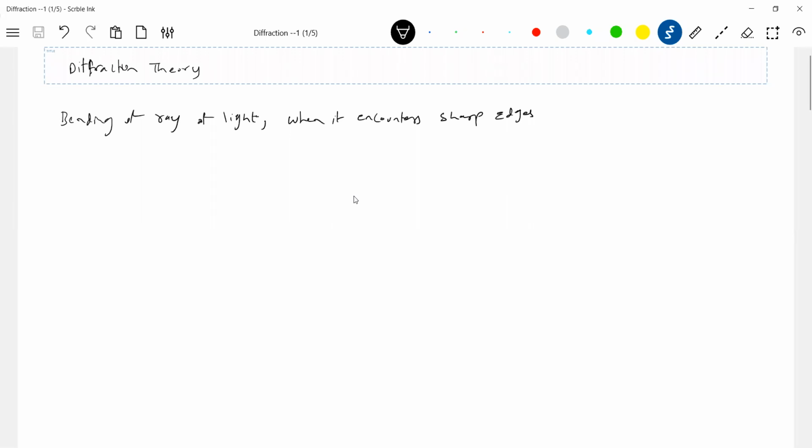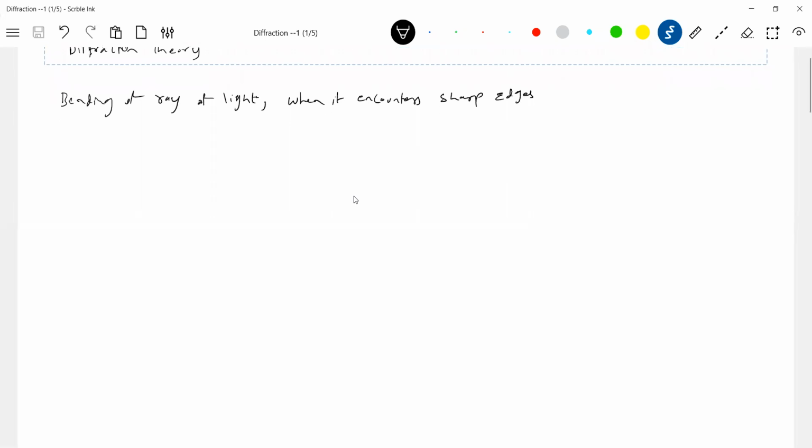So I'll start with a very simple example. There is a source, a tube light, because most of you have this white light. Let me give that as an example. You are going to keep your arm, a thumb.